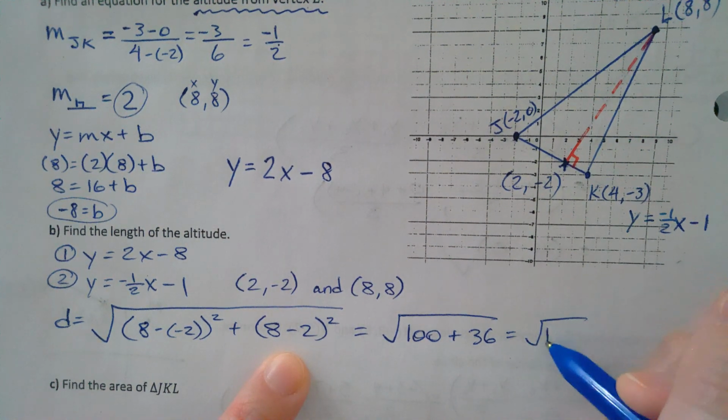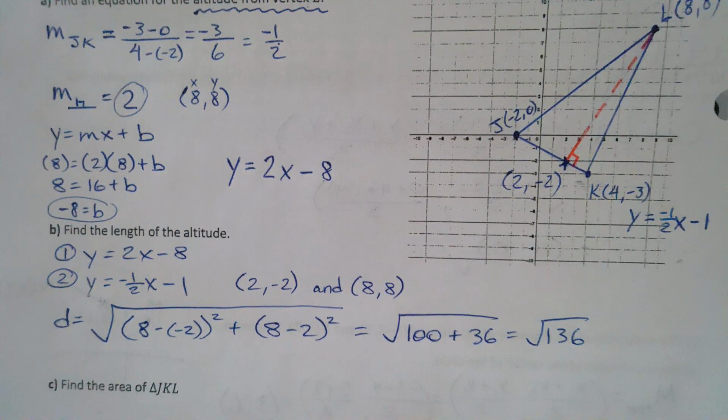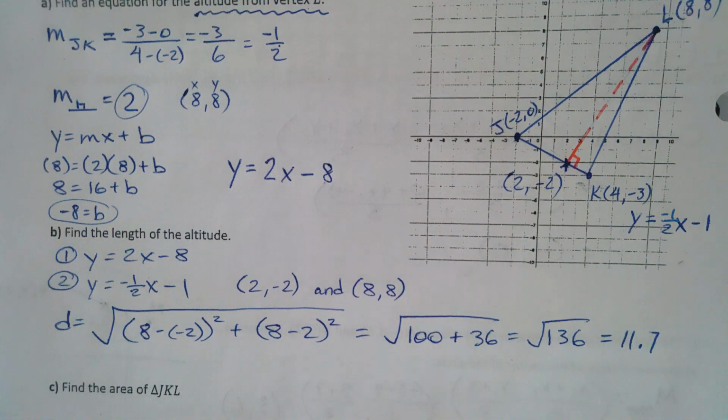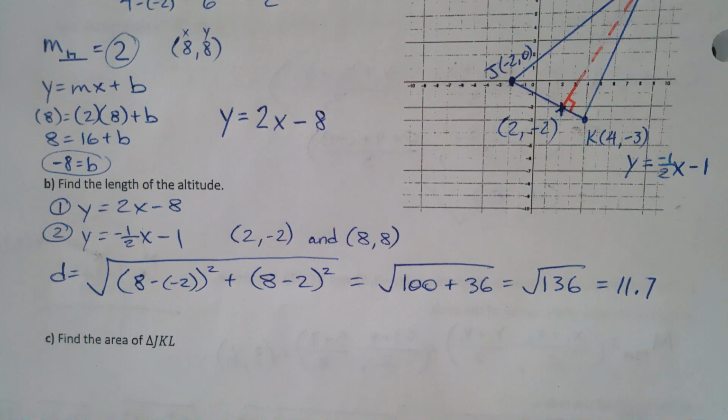So 136, square root of 136. I get 11.7. So let's say I let you guys use decimals for the sake of this part.